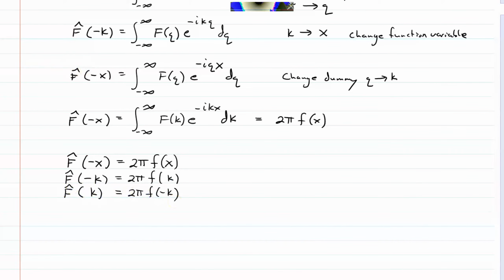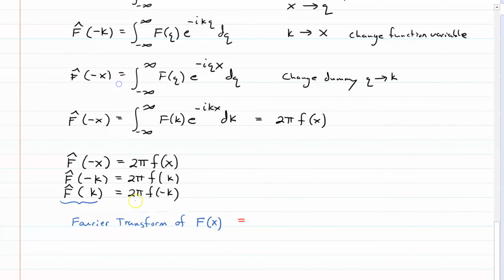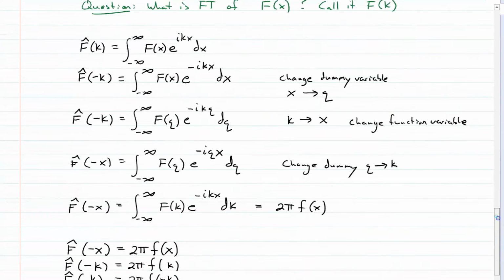So what does this mean in words? This thing here, we said, was the Fourier transform of the function F of x, and that is equal to 2 pi times f of minus k. Okay. So that's what we were trying to prove. So let me go back and recap.